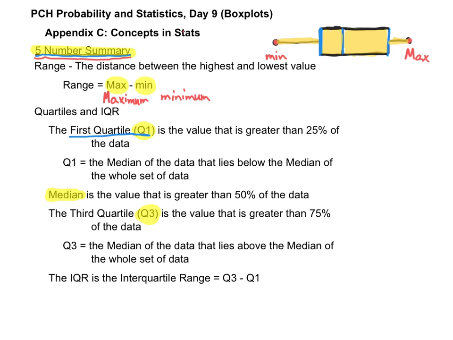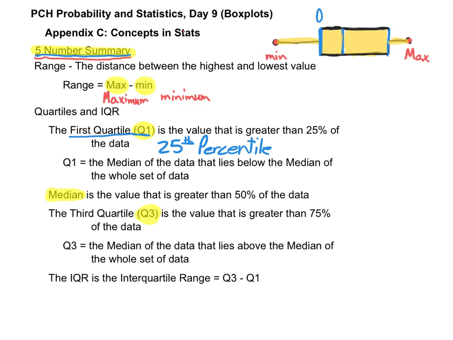The first quartile is basically the 25th percentile. So the lowest one. If you scored there, then you are greater than 25% of the data.